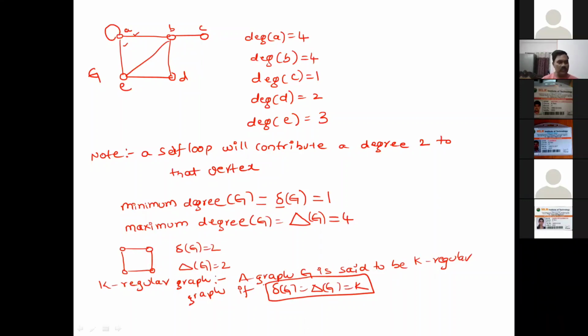Okay. So there is a small task. Can anyone draw a 3 regular graph for me? I want a 3 regular graph. Sir, A and B are having self loops. Fine. Other than self loops, let us say there is no self loop.